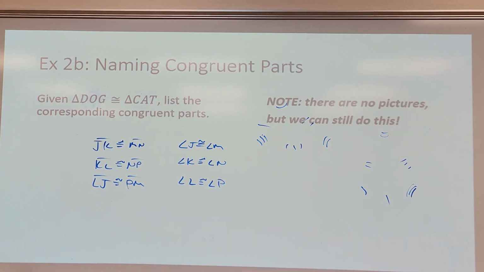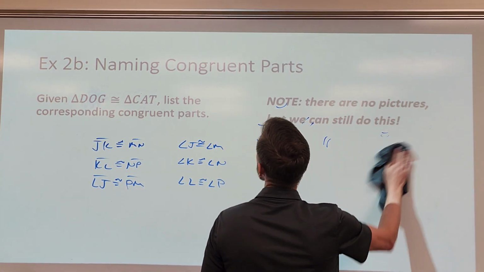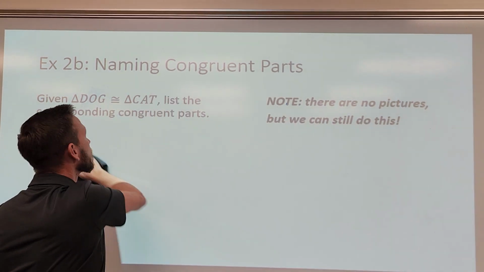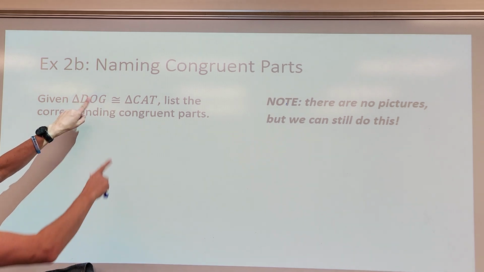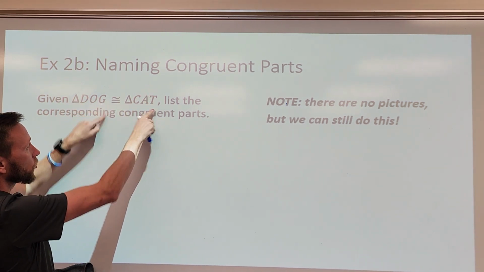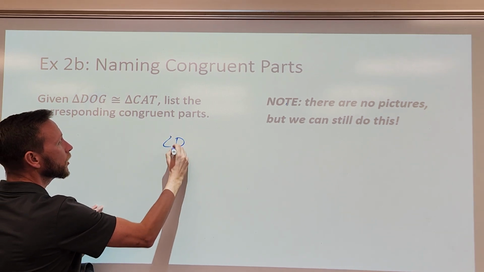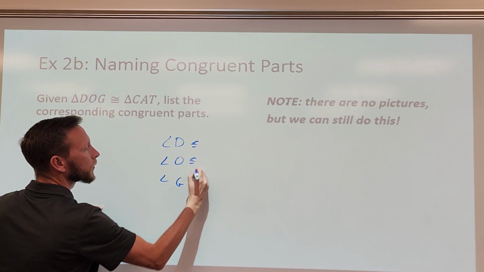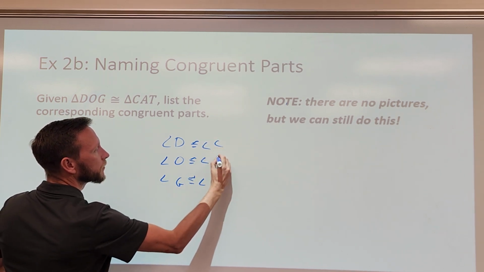And we can do that either by drawing the triangle DOG and CAT, or we can just list the parts using the congruent statement. So angle D and angle C, angle O and angle A, angle G and angle T. We can do the angles hopefully pretty efficiently.